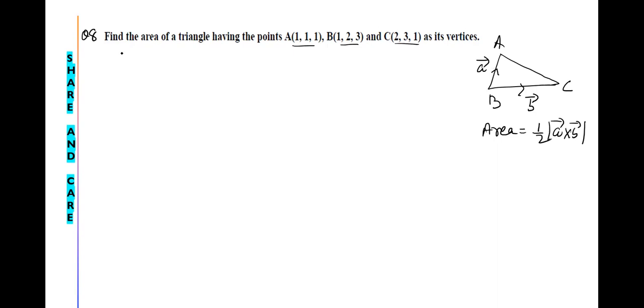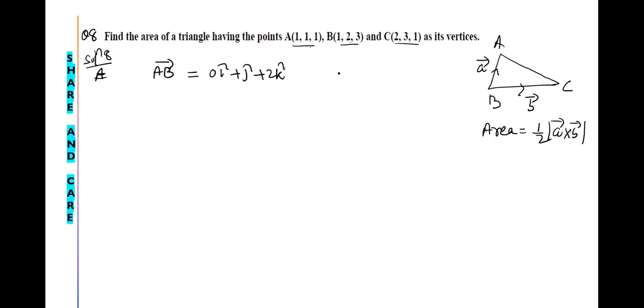So you can take any two adjacent sides. We are given three vertices. When the vertices are given, in solution 8, we can take the AB vector. We can take AB, BC or AC, any two sides. So you can take the vector joining two points: x2 minus x1, 1 minus 1, 0 i cap, y2 minus y1, plus j cap, z2 minus z1, plus 2 k cap.